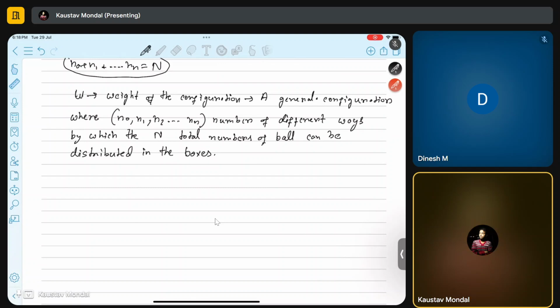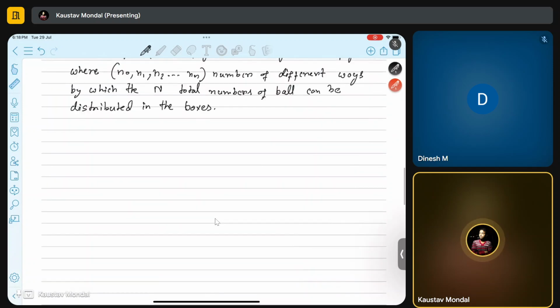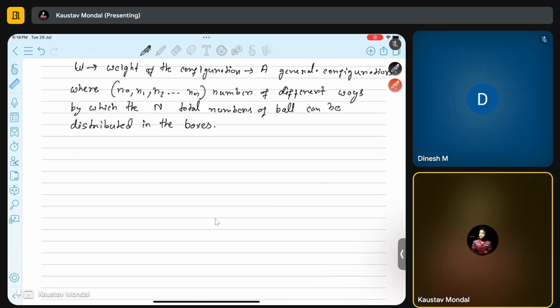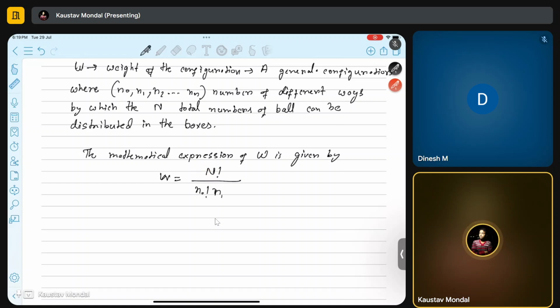For this case, the mathematical expression of W is given by W equal to N factorial divided by n0 factorial, n1 factorial, n2 factorial, and so on.